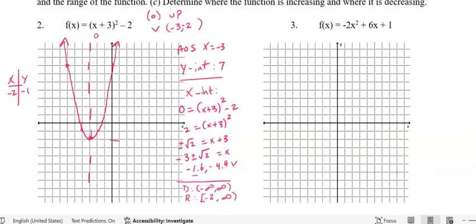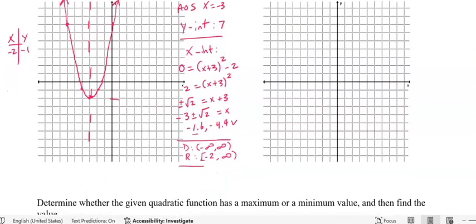And then finally, where the function is increasing and decreasing. So we'll start with increasing. So increasing would be on this side where you could think positive slope. And it's about the x coordinates of this vertex.